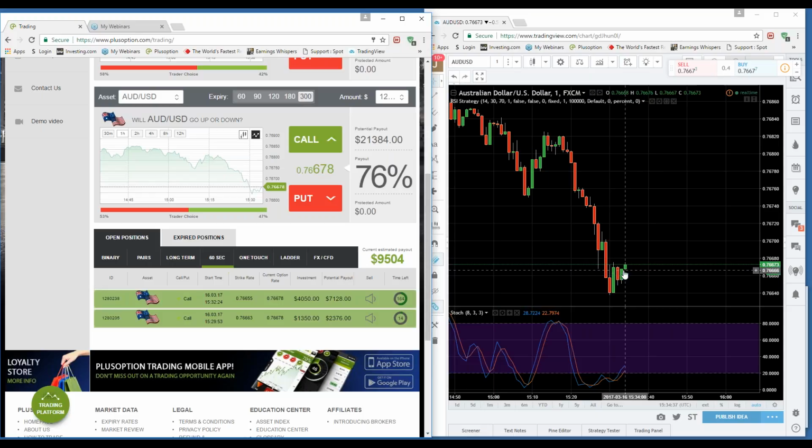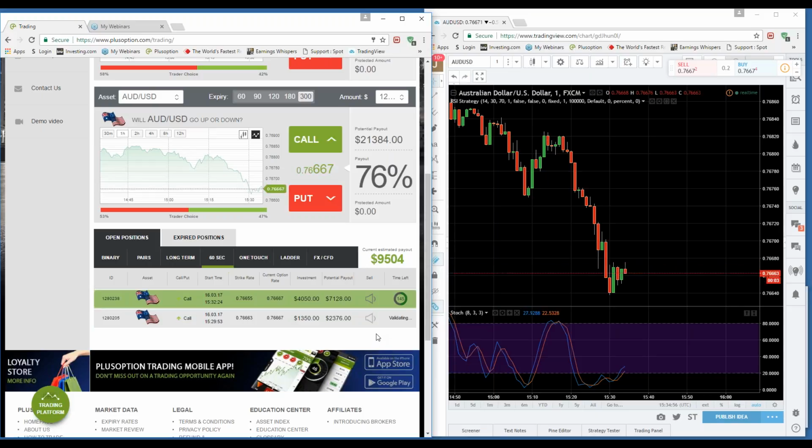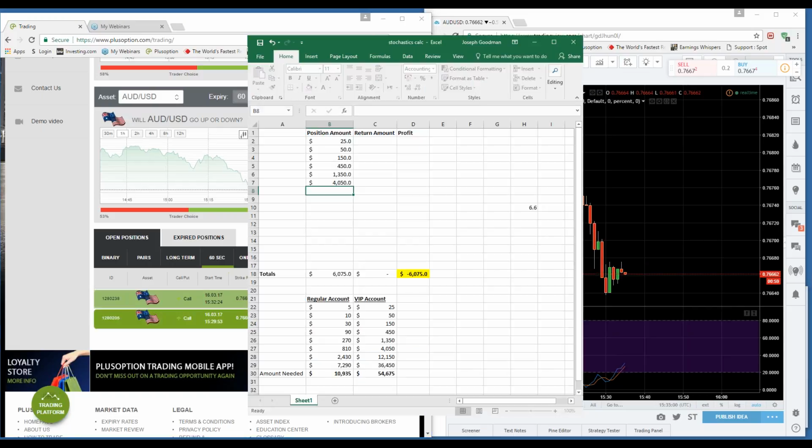So we're looking a little better now. We have 10 more seconds for this trade, and it could expire in the money for us. We'll just confirm that win for 23.76. And it won.